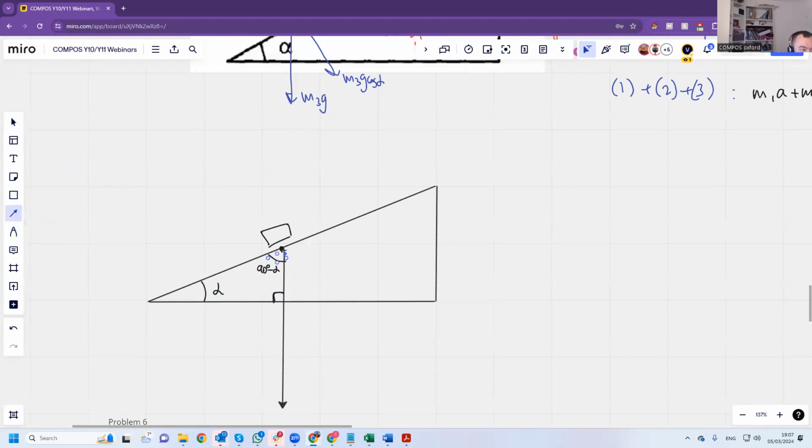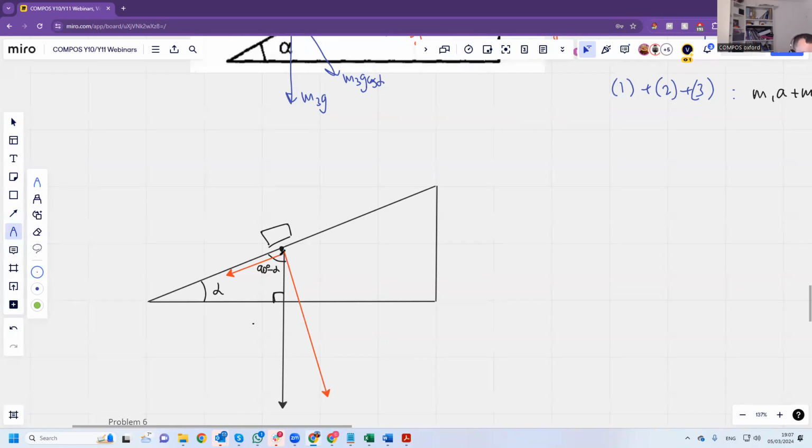When you split into components, this angle is 90 minus alpha.